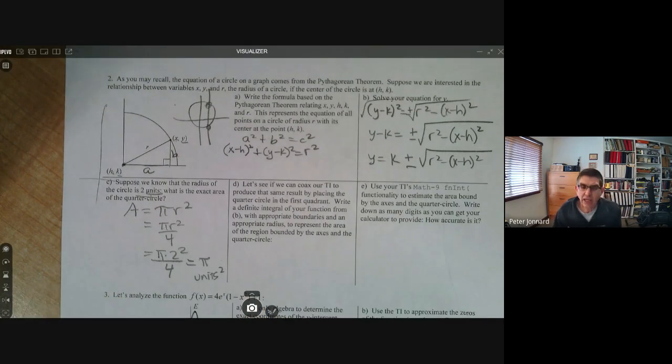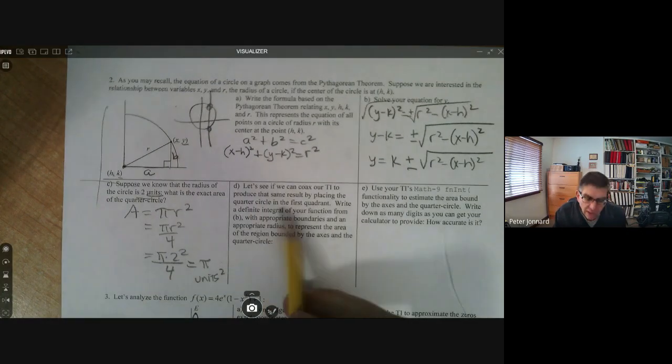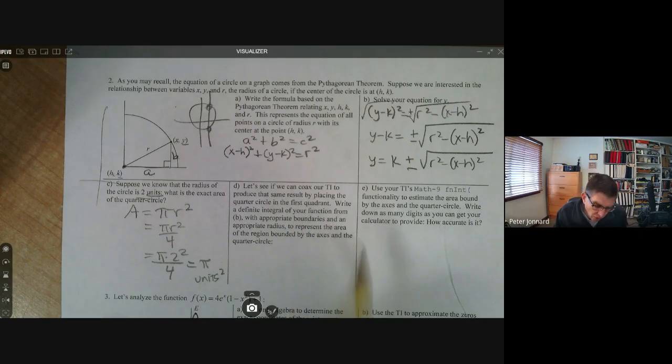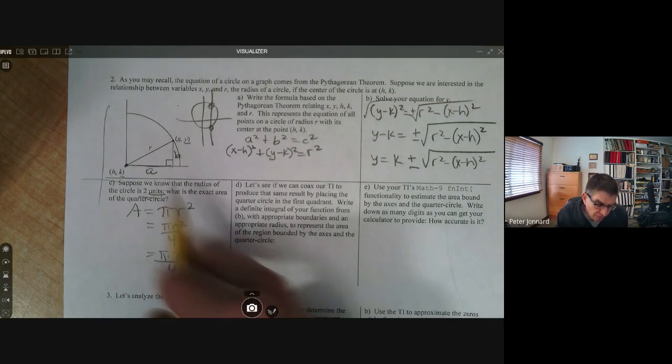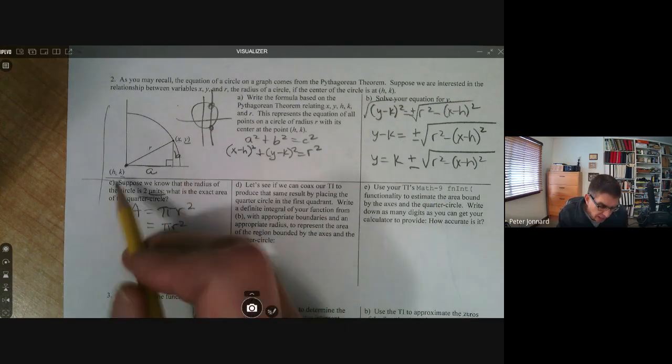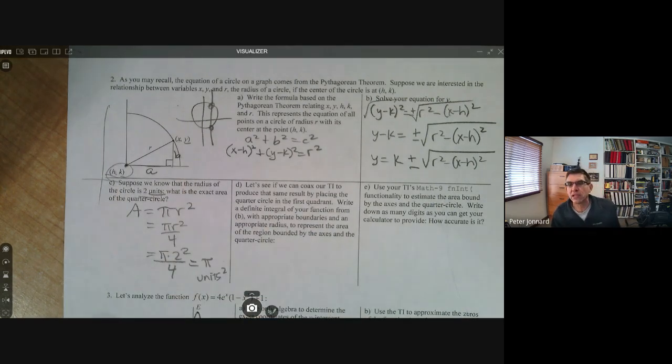Okay, there's my area. Okay, and now let's see if we can coax the TI calculator to produce the same result by placing the quarter circle in the first quadrant. So write a definite integral of your function with appropriate boundaries and an appropriate radius to represent the area of the region. So there's a lot going on here. Well, if I'm trying to get my calculator to produce this, I may as well make h and k both 0.